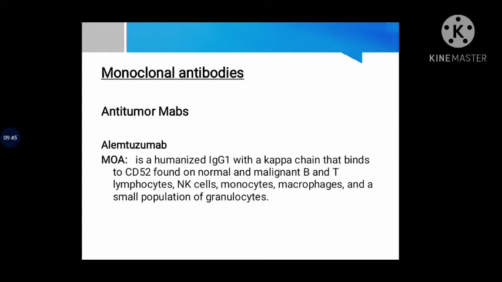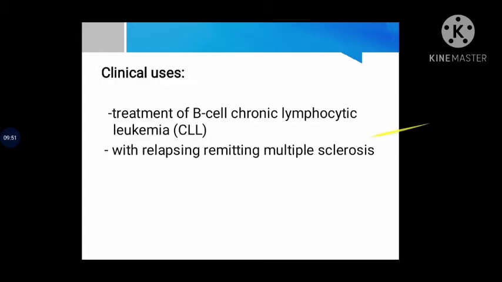So next one is clinical uses. Alemtuzumab was previously approved for the treatment of B-cell chronic lymphocytic leukemia in patients who have been treated with alkylating agents and have failed fludarabine therapy.